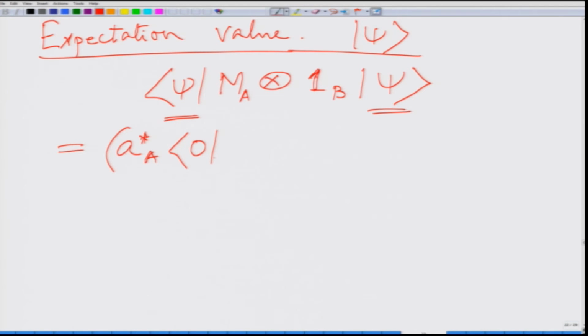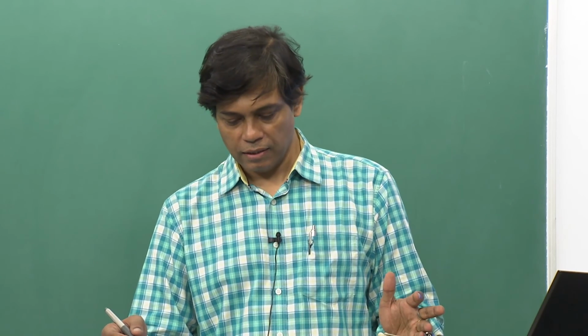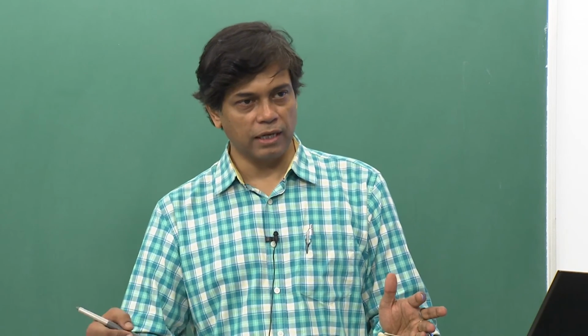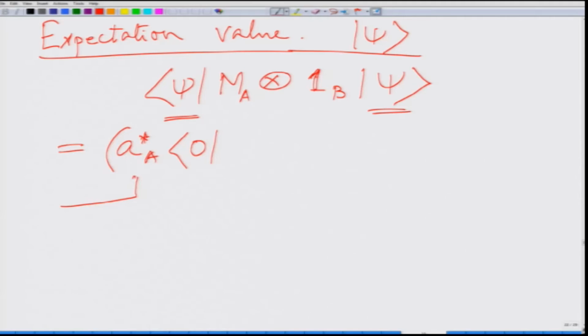Whenever I write my bra vector, everything associated with that is complex conjugated. Whenever I write my ket vector, it is the regular complex number. So this is my complex conjugate, and the other one which will come is going to be a complex number.